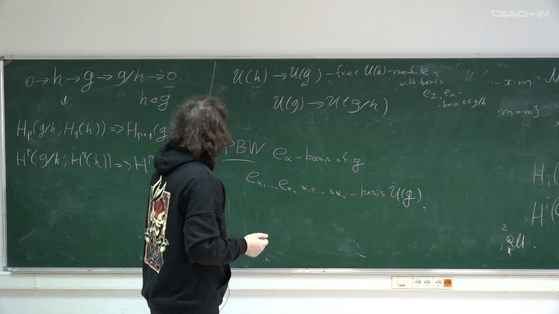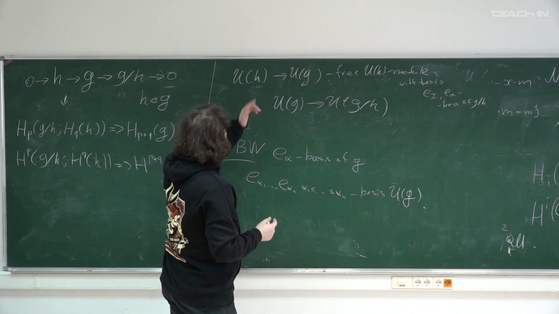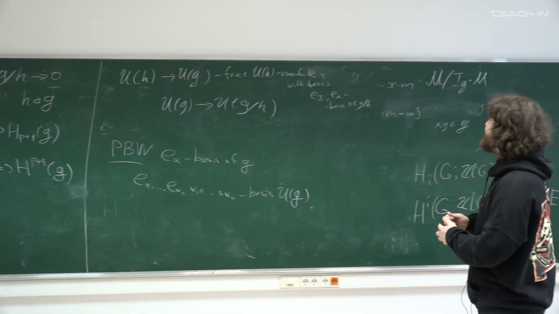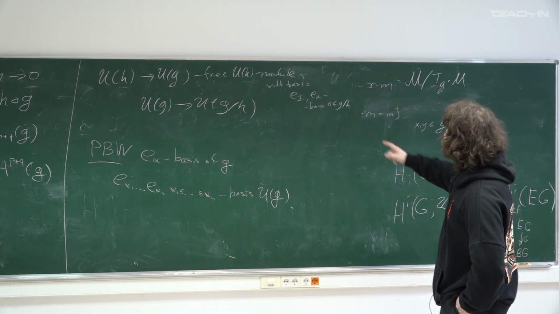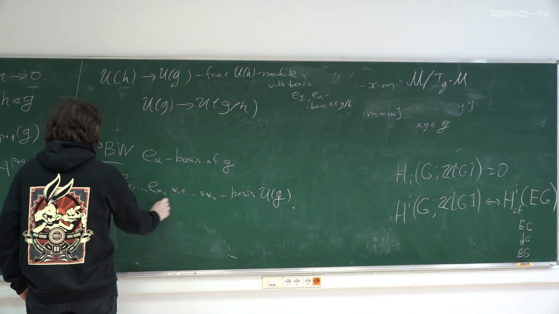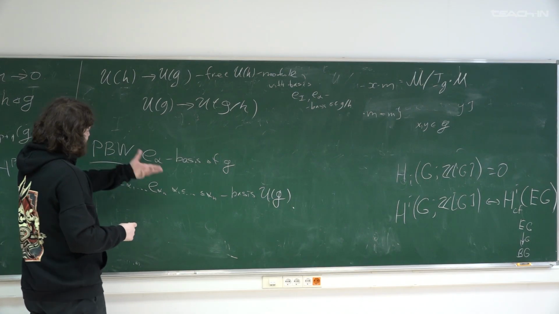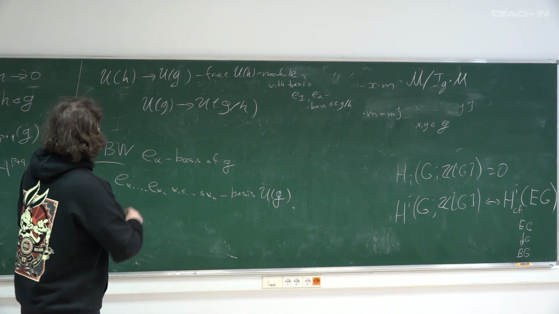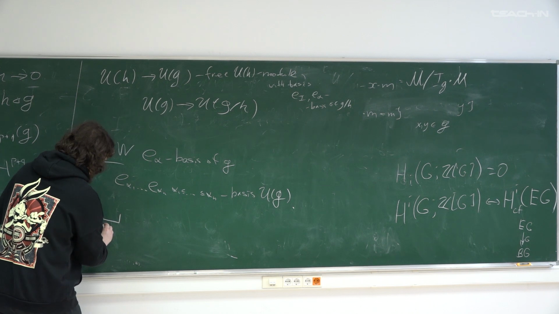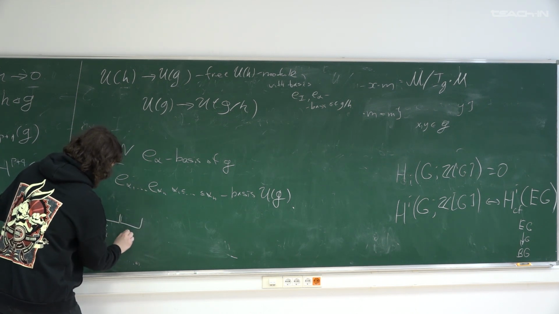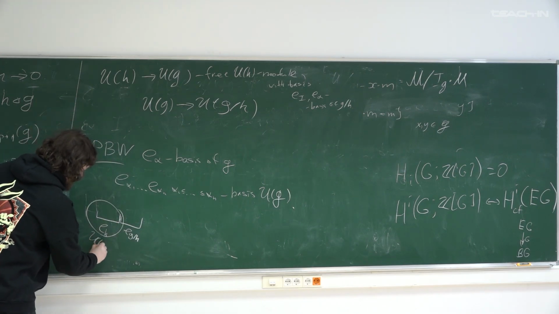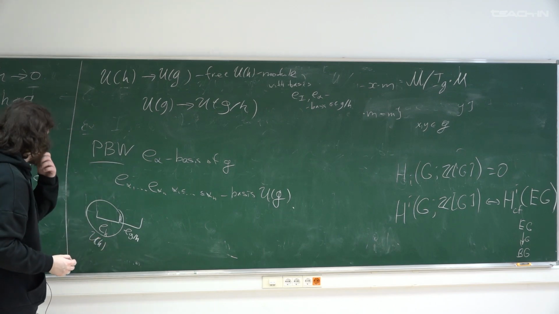So if we choose firstly a basis of H and then add some basis vectors of the quotient to obtain a basis of G, we have seen that monomials in H are the basis of UH and monomials in G/H are a basis of UG over UH, because any element of UG has the form of a monomial in H and a monomial in the quotient. And this is an element of UH, and so this monomial is a basis of UG over UH.